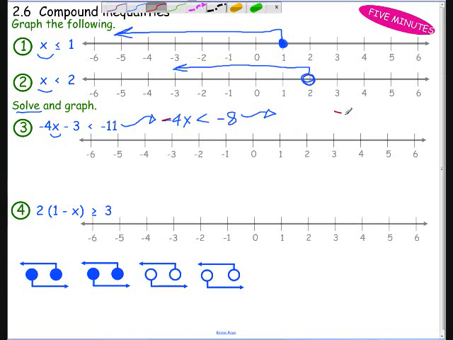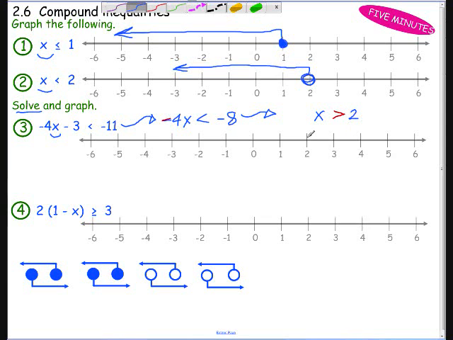So instead of being less than, it's going to be greater than. I'm going to divide both sides by a negative 4, giving me x. And I divide a negative 8 by a negative 4, I get a positive 2. So I have x is greater than 2.